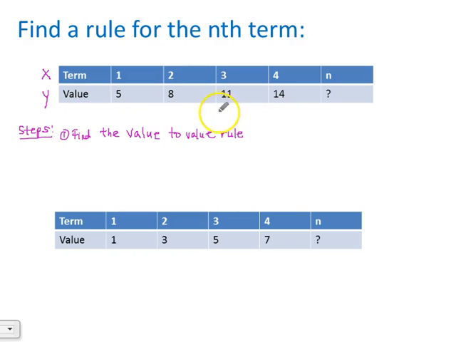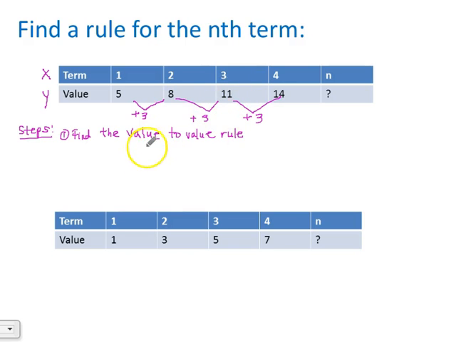To do this, we want to find out first, going from value to value, what is happening. So, from 5 to 8, it looks like we're increasing by 3. From 8 to 11, we're increasing by 3. From 11 to 14, we're increasing by 3. So from each of our values, we increase by 3.